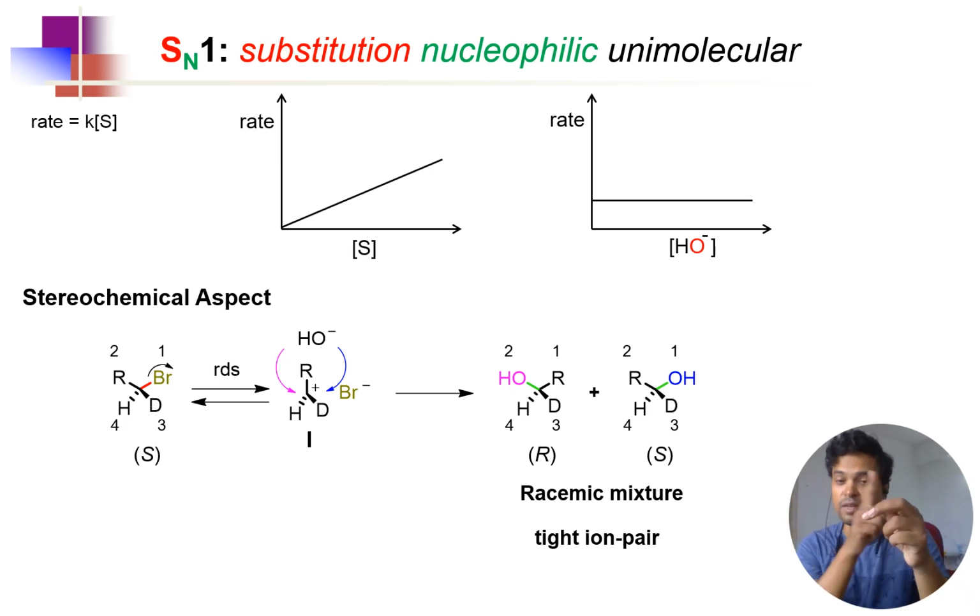So that's why you have the inversion to some extent. Theoretically, we should have the racemic mixture, but because of the tight ion pair, before the bromide leaves the molecule completely, the nucleophile starts coming from the backside. So you will always have some sort of inversion in chirality. Basically, if you start with S, you always have a little bit of excess R in your reaction mixture.